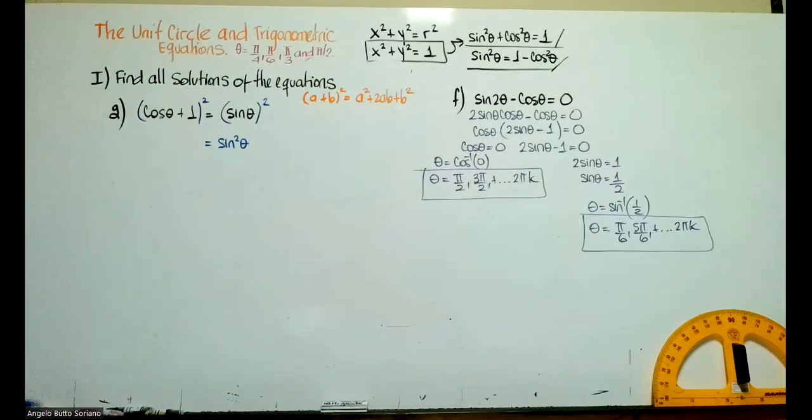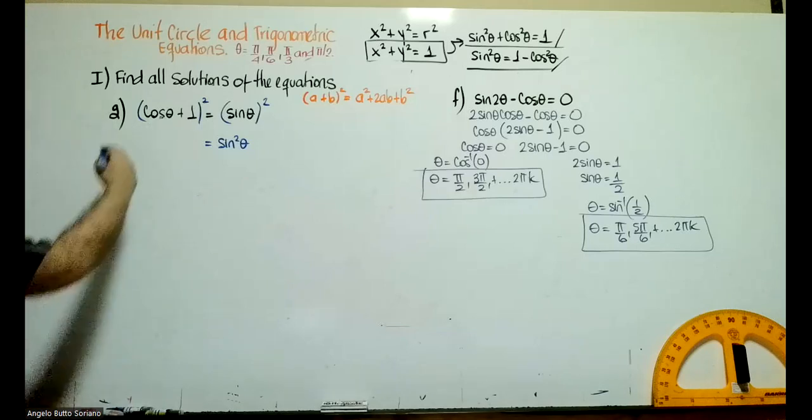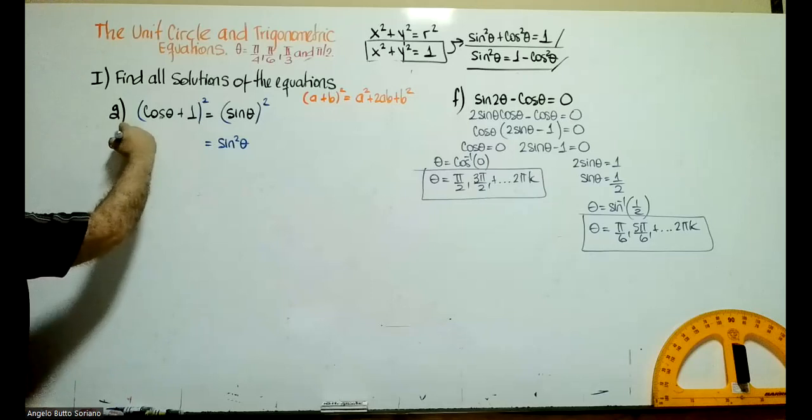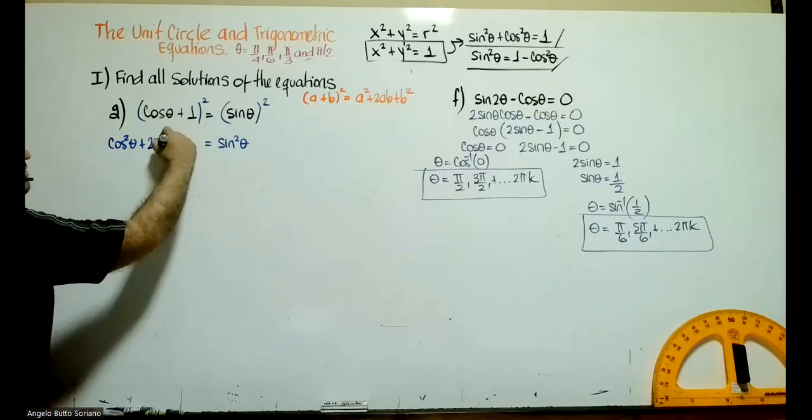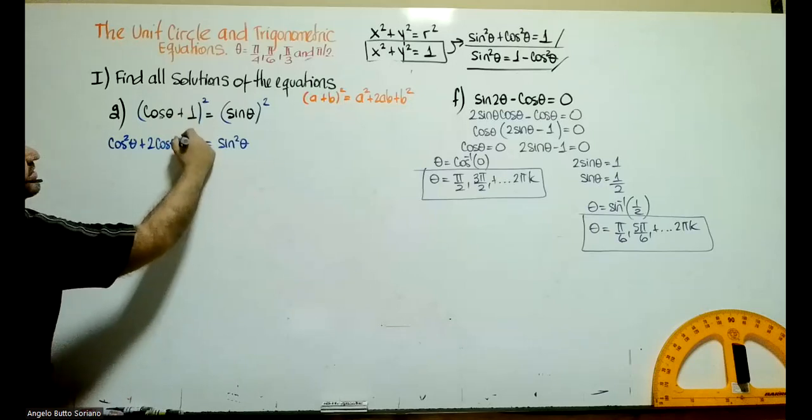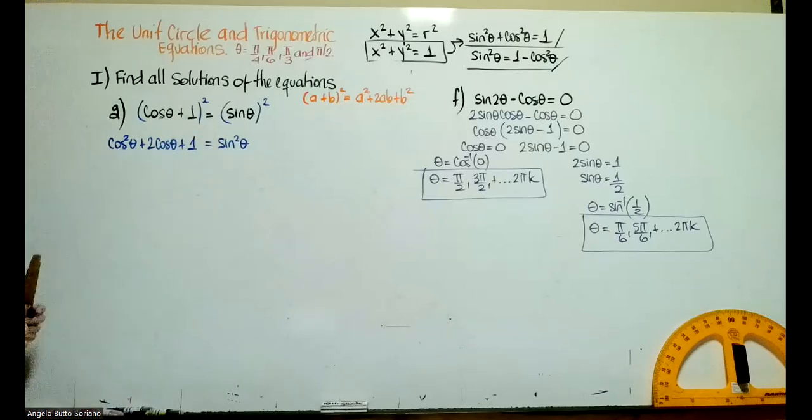So basically, cosine is a and 1 is b. For that reason, we're going to obtain cosine squared theta plus twice cosine theta plus 1, that will be equal to sine squared theta.